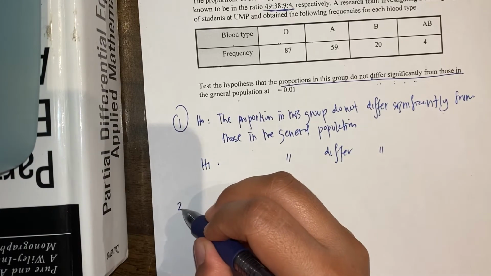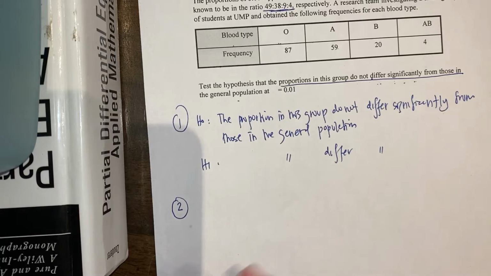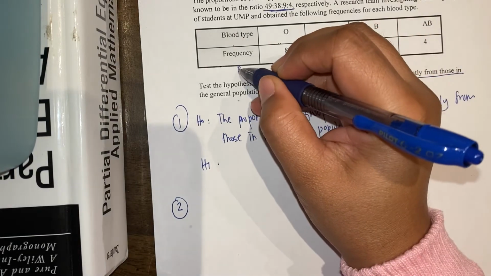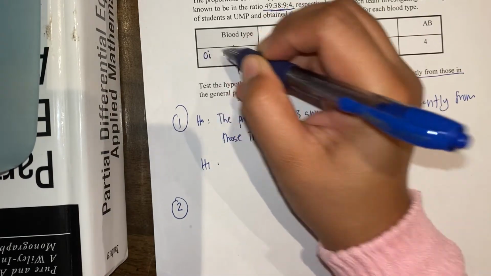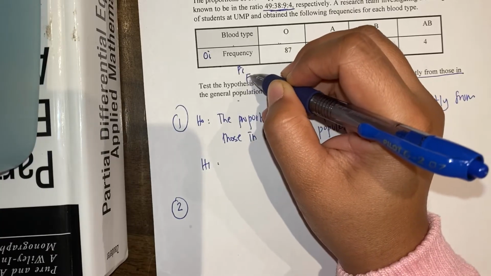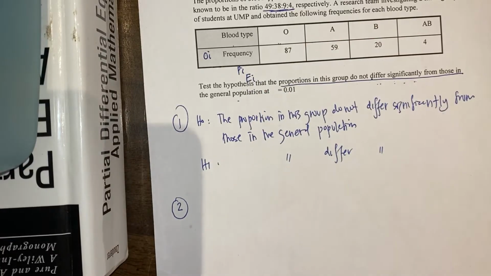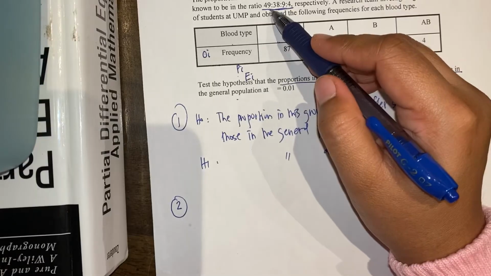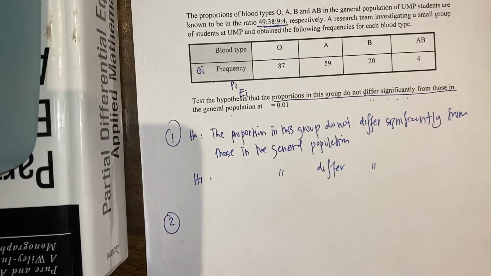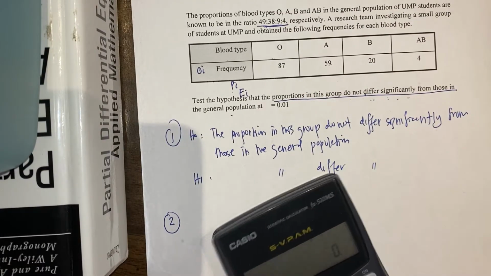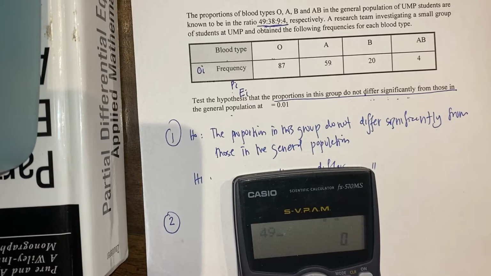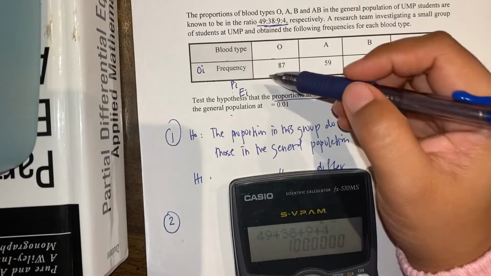Step 2, chi-square, but before this we have to calculate the Pi. This is Oi, and from Pi we calculate the Ei. Pi is based on the given ratio. So we have 49 plus 38 plus 9 plus 4, so 100.